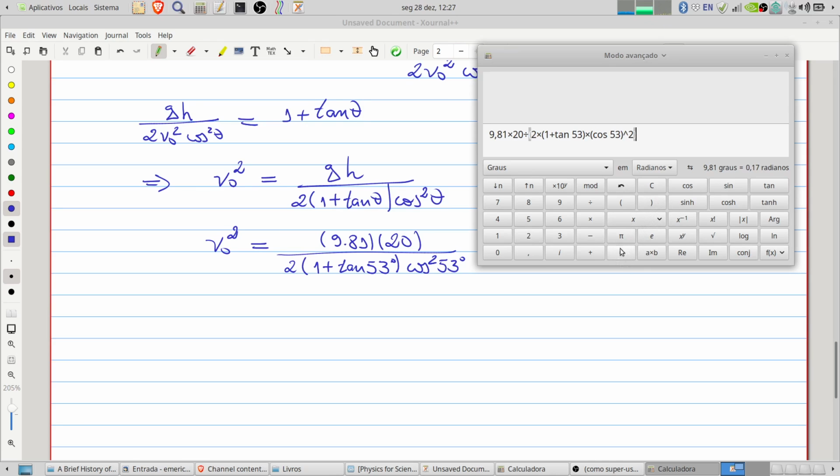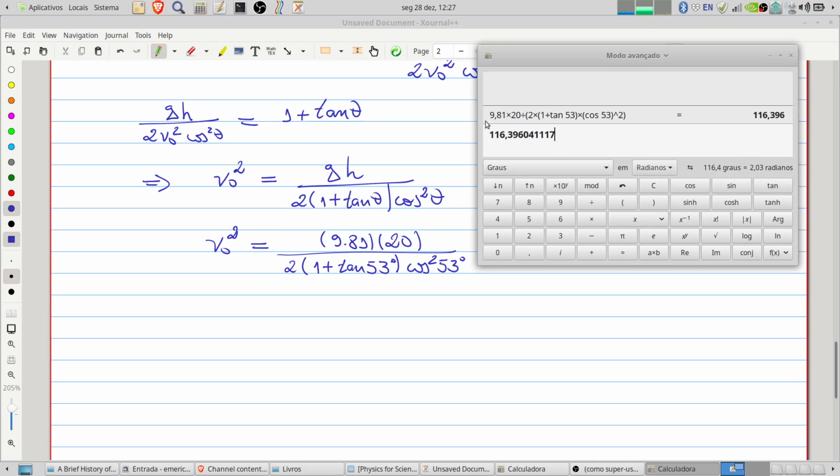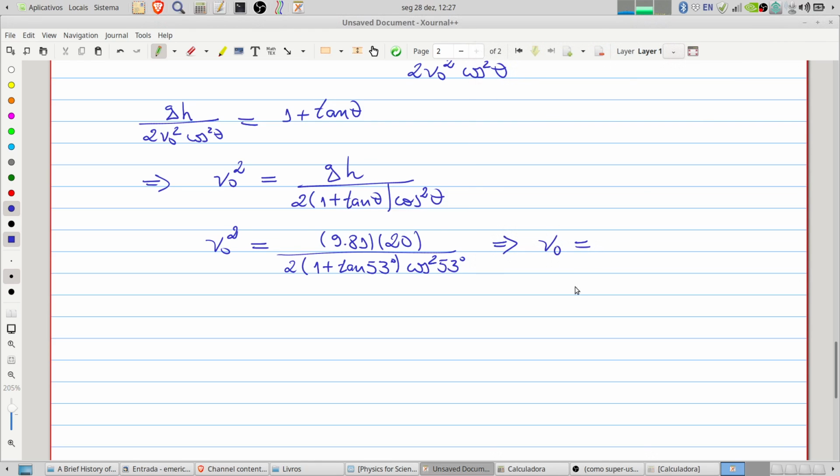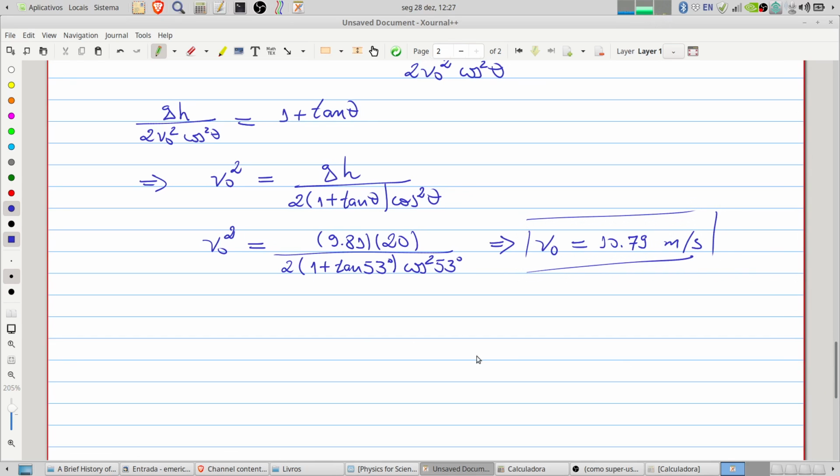This is the squared velocity, so let's take the square root, and here we have 10.79 meters per second. This is the initial velocity, the velocity with which the rock is thrown.